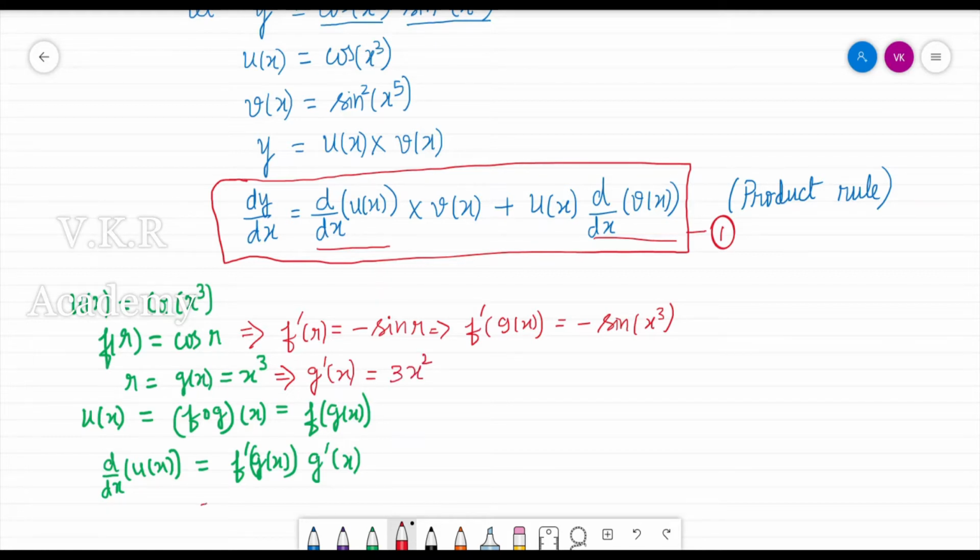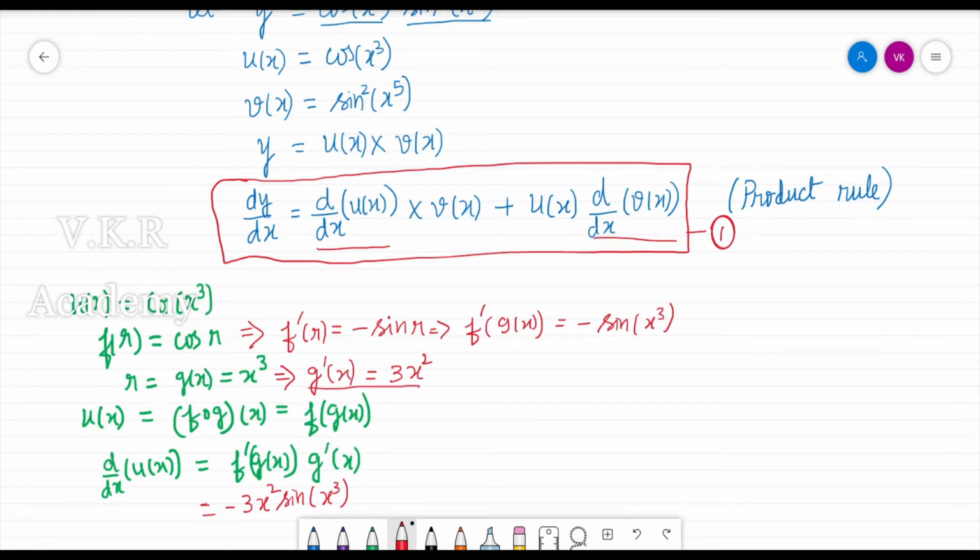So d by dx of u of x becomes minus sine of x cube, that is f dash of g of x, into g dash of x, that is 3x squared.